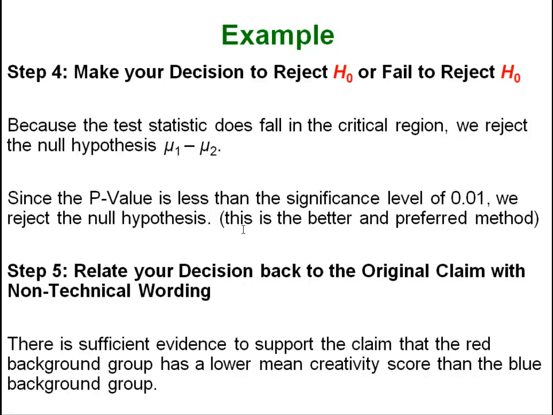In this case, they both tell us to reject the null hypothesis in favor of the alternative, which means we now have step 5, to restate it in normal wording, significant evidence to support the claim, right? Because we're now rejecting the null in favor of the alternative, and the alternative was our claim. So we have significant evidence to support the claim that the red background group has a lower average creativity score than the blue background group. Okay?